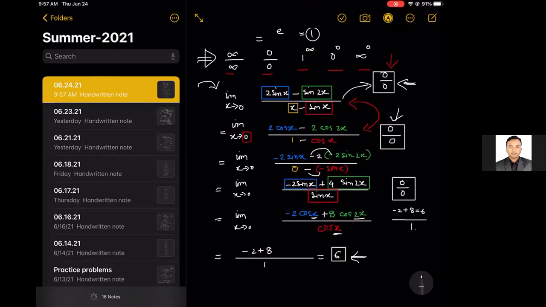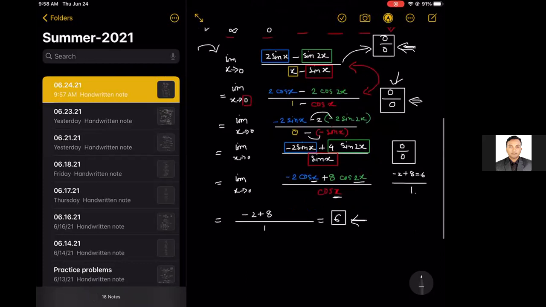We used it only because we had these indeterminate forms even after using it twice. So that's why we used it 3 times. And obviously when we have a defined value, we have to stop. We can't use the L'Hopital rule anymore.